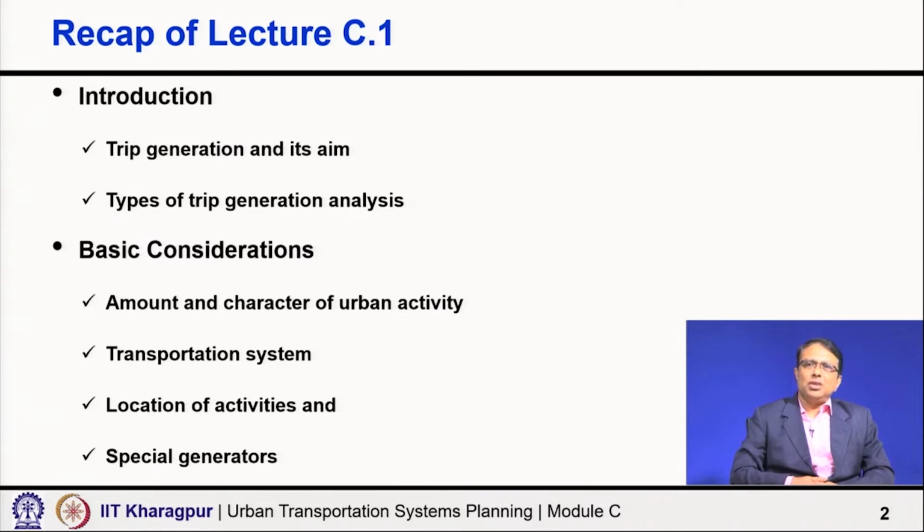Then we talked about the influence of location of urban activities on trip generation, and also discussed the role of special generators in the context of trip generation, say for example, a hospital or airport or a stadium or large scale regional shopping center and so on. So, how and why we need to consider them separately and their impact on trip generation.